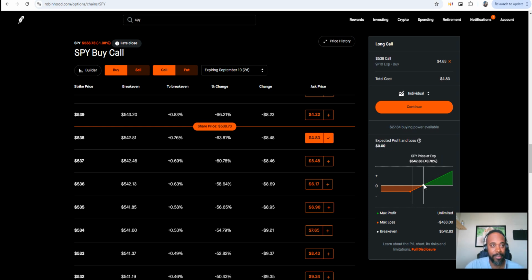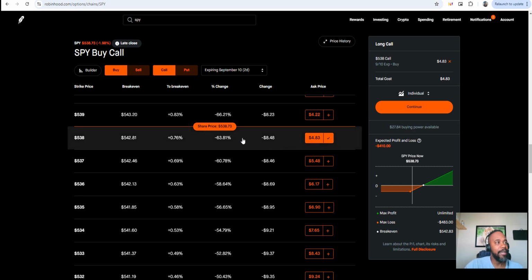Okay. Now, if it goes down, the max you could lose is that $483. But when you're in these positions, you want to make sure you set a stop loss. Okay, so we'll talk about those as well. So stop losses are very important.